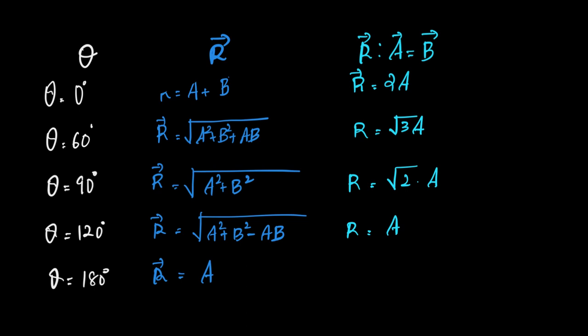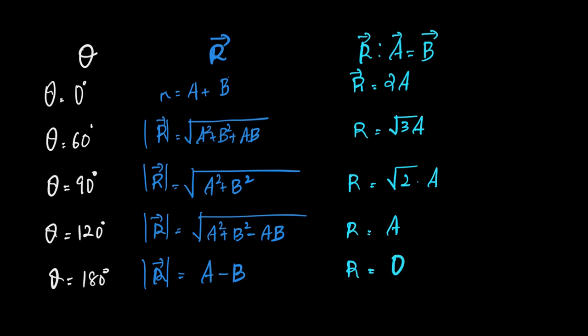I'm so sorry that I'm writing the vector symbol everywhere. It should be magnitude of vector r, which is equal to a minus b, and r here will be equal to 0.